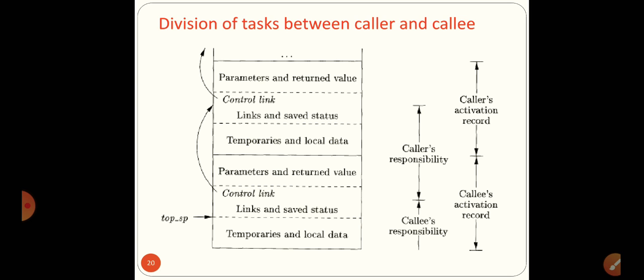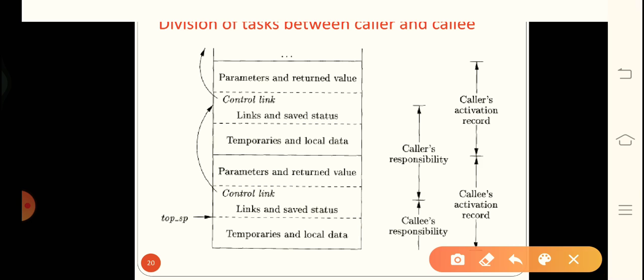Here there are two parties interacting with each other: the caller and the callee. These two are responsible for performing the communication in the activation record.